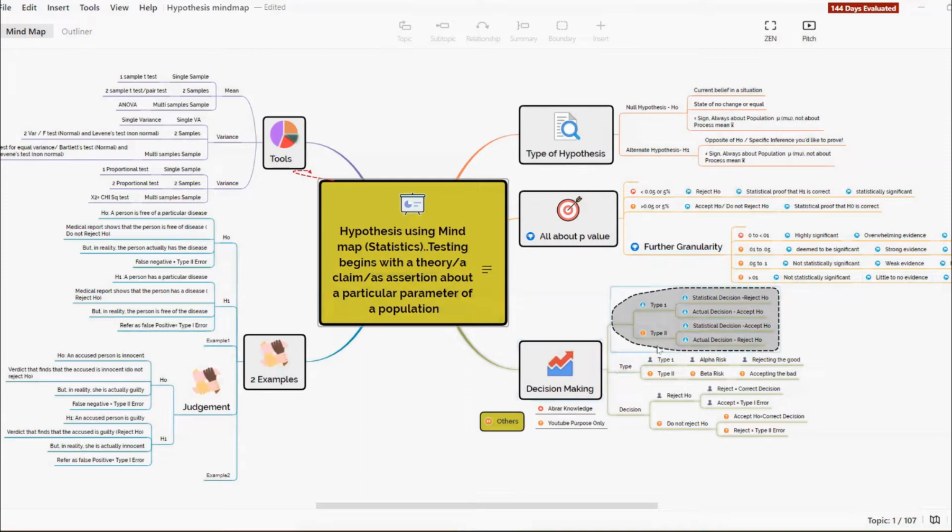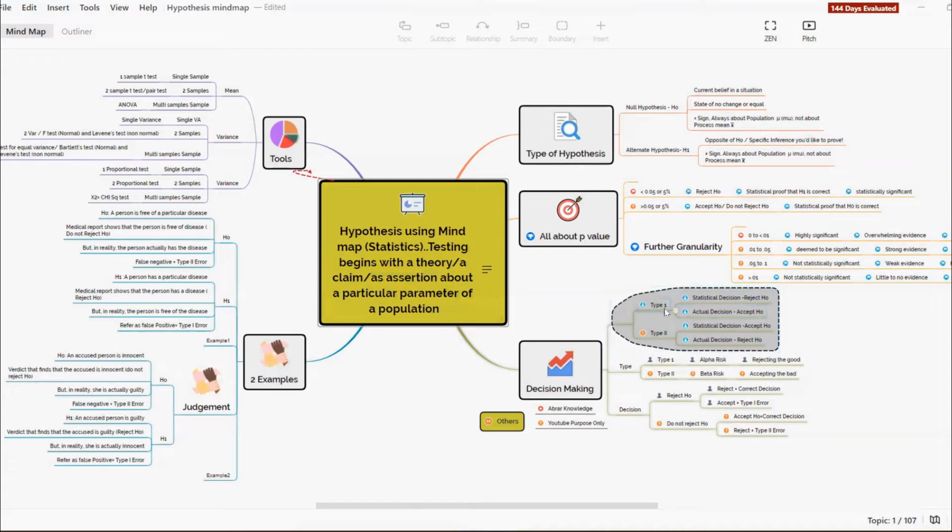While taking the decision, two errors are possible, right? These two errors, type 1, type 2, or alpha or beta error, are expressed in various ways or various examples. Let's talk about type 1 error. For example, the statistical decision is to reject the null hypothesis, but actually we are accepting the null hypothesis.